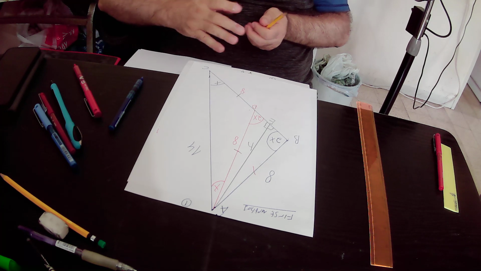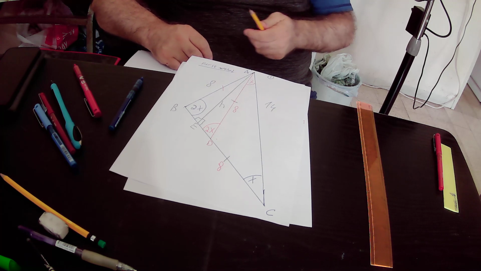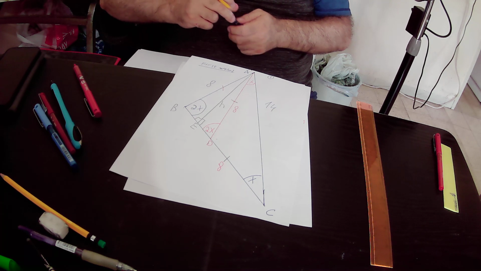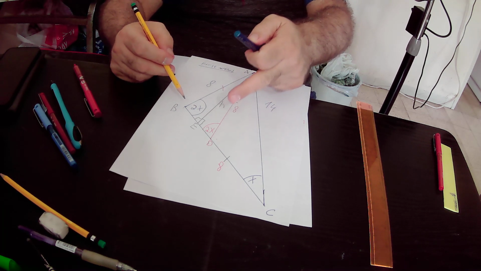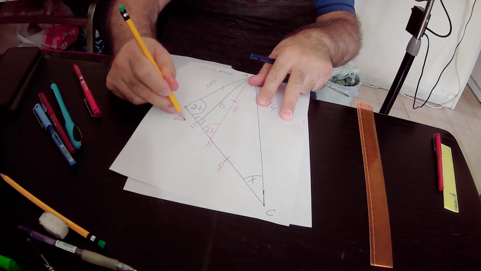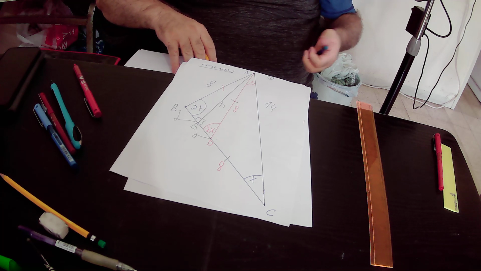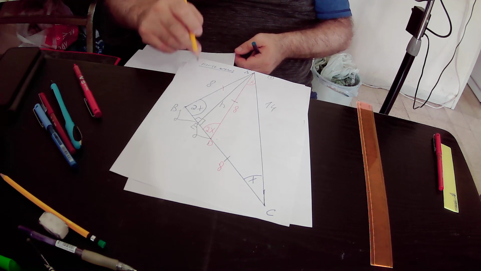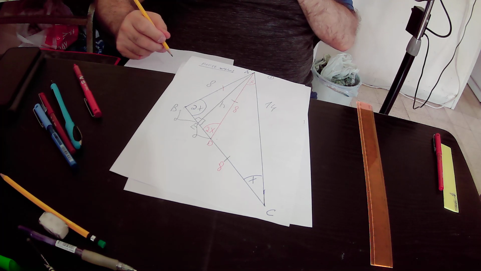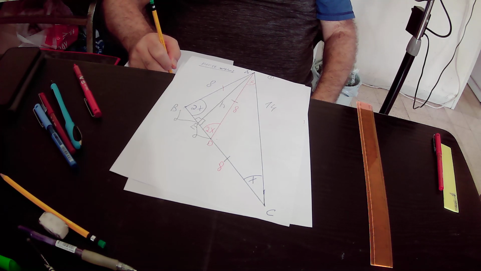Okay, so according to rule number 3, the height AE divides the base BD into two equal parts. That is to say, BE equals ED.